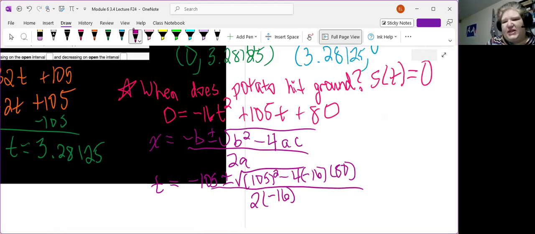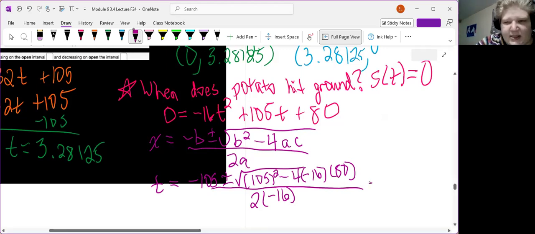Now, normally I try to clean things up a little, but 16 and 105 don't actually have any common factors because 16 is just a bunch of 2's and 105 has no 2's. So, it is what it is. So we'll clean this up a little. Let's figure out what is inside the root.